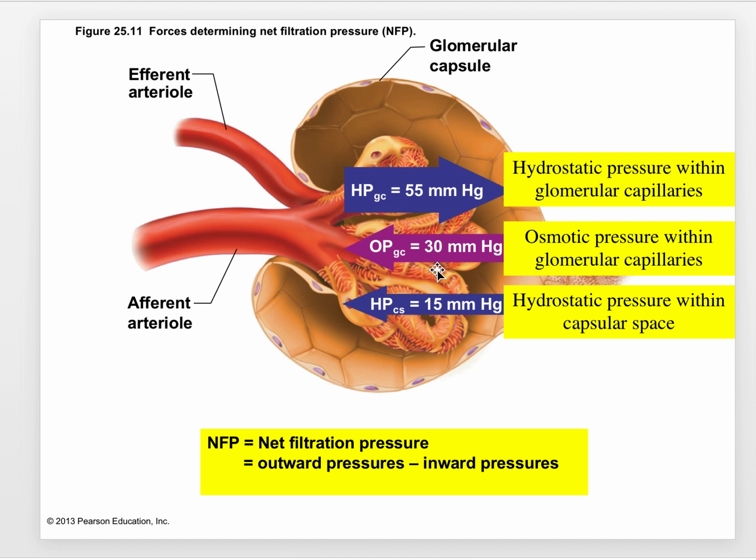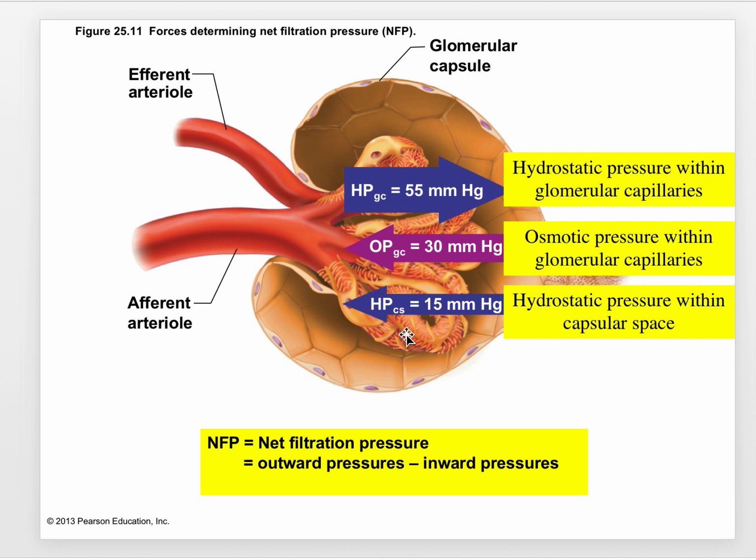That's pressure to draw water into the capillaries because there's solutes in the capillary. And there's a hydrostatic pressure inside the capsular space. There's hydrostatic pressure in the arteries, but there's also pressure of fluid inside the capsular space, and that tends to drive fluid back into the glomerulus.